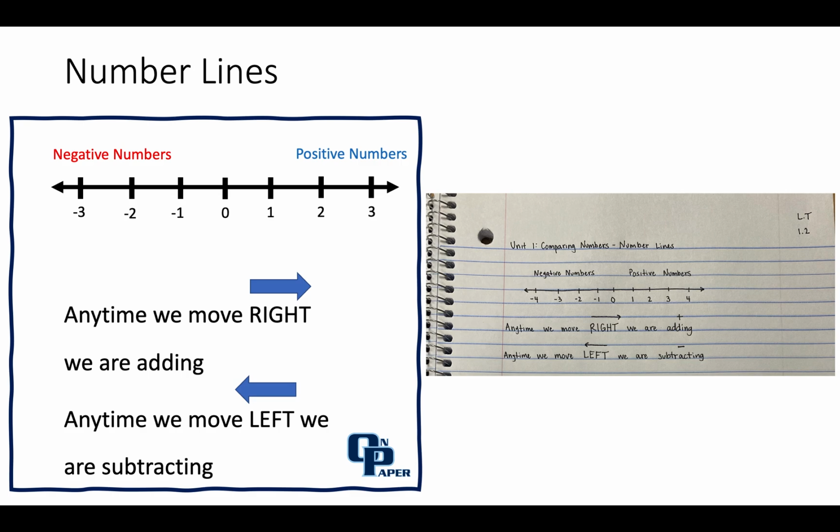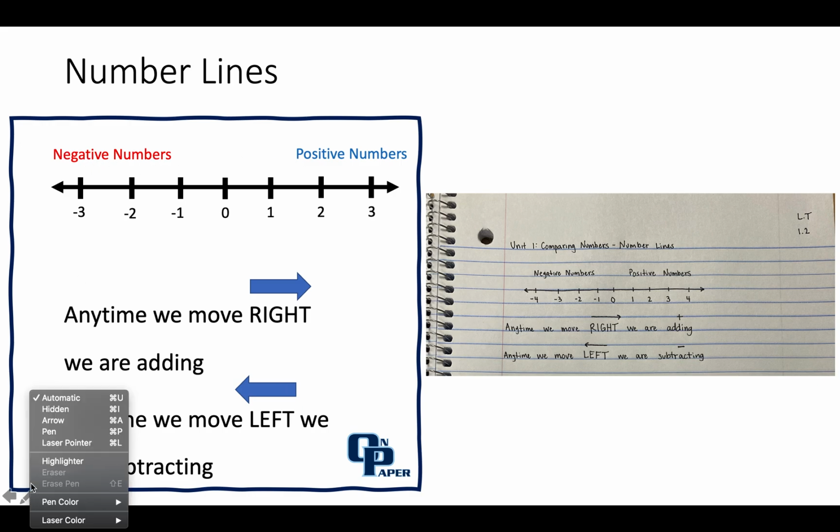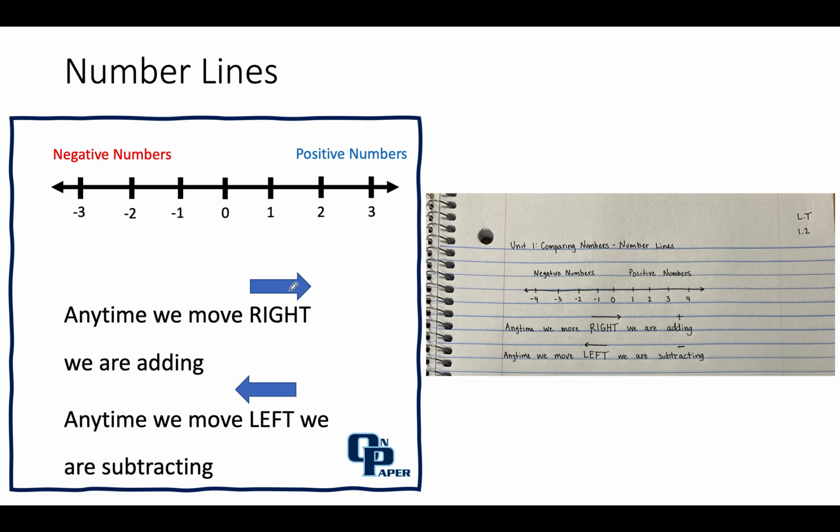So inside that box on paper, first I want you to make a number line. So we have a nice simple number line. We have 0 in the middle, 1, 2, 3, and -1, -2, -3. And notice I put positive numbers on the right, negative numbers on the left. That being said, a quick simple note we have is anytime we move right, we are going to be adding.